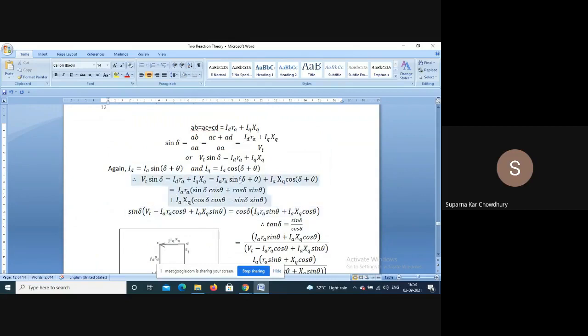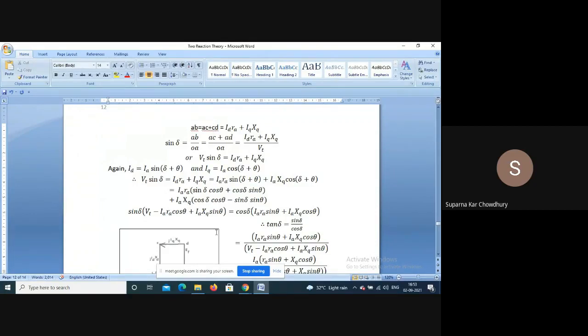If we expand sin delta plus theta and cos delta plus theta, this will be IaRa sin delta cos theta plus cos delta sin theta, plus IaXq cos delta cos theta minus sin delta sin theta. So we can take all the sin delta terms and cos delta terms on two sides.